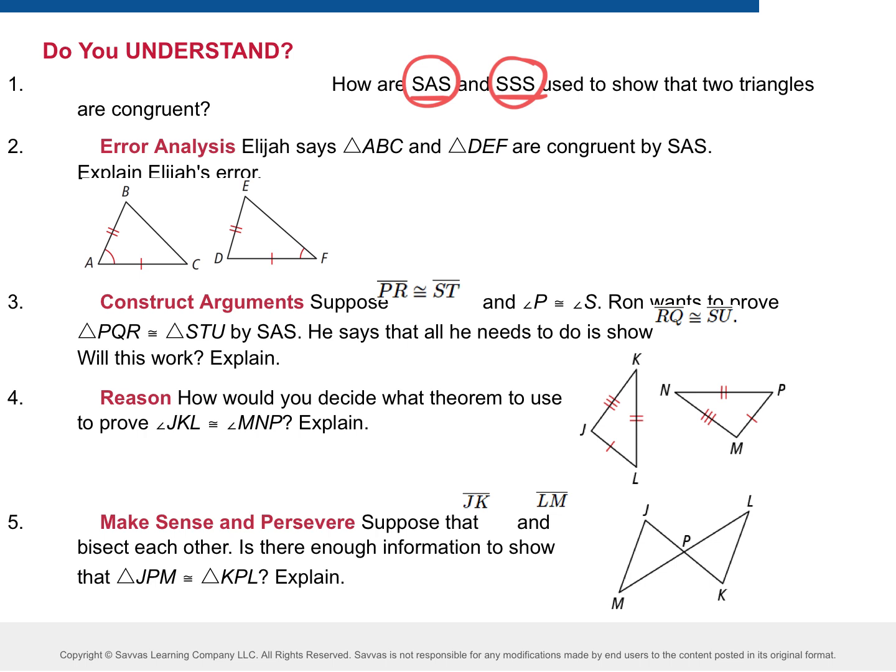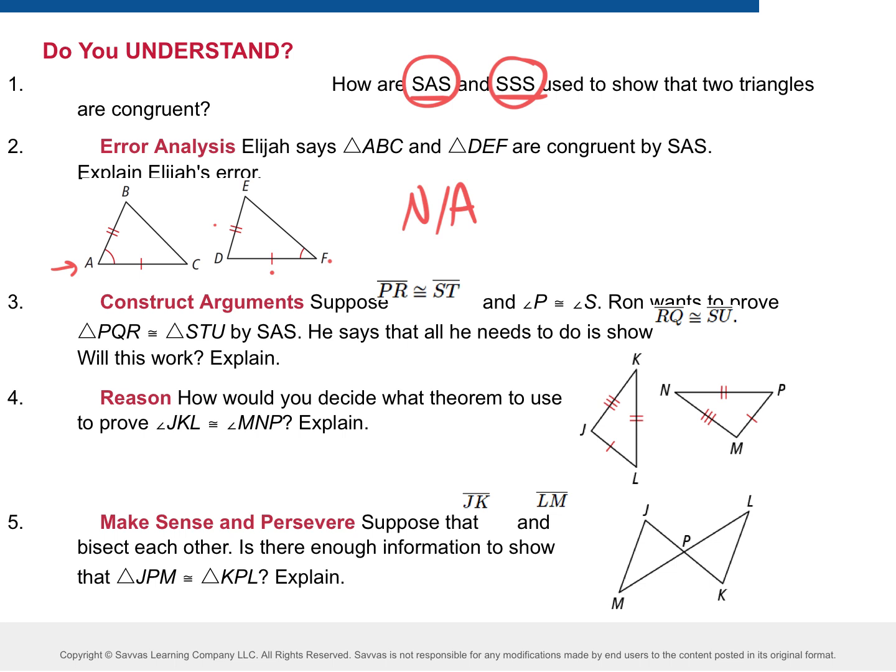Explain Elijah's error. Right, so do you agree that ABC could satisfy side, angle, side? Yes, but Josh, you said this one cannot because it jumps around. Is he correct? Yes, so this does not tell us that they are congruent or not. Not applicable or cannot be determined.